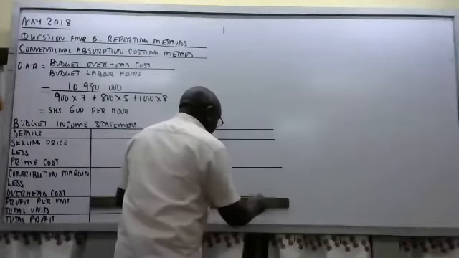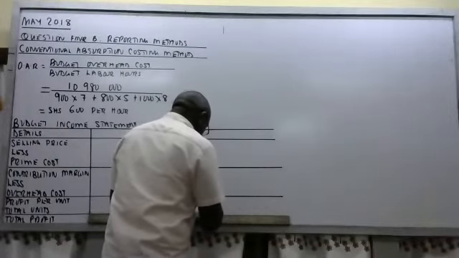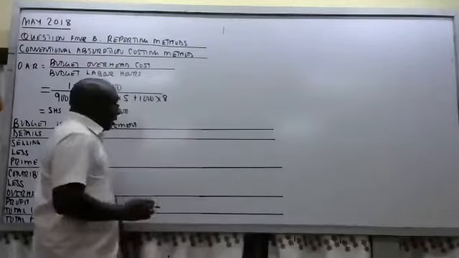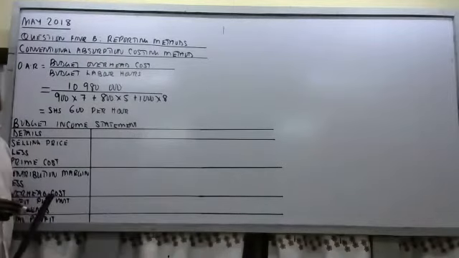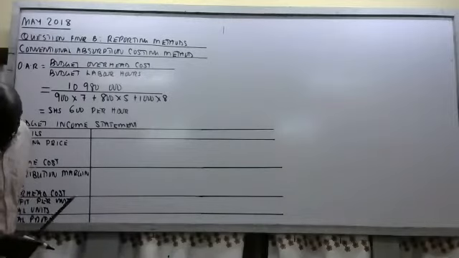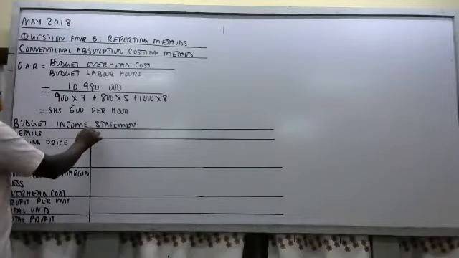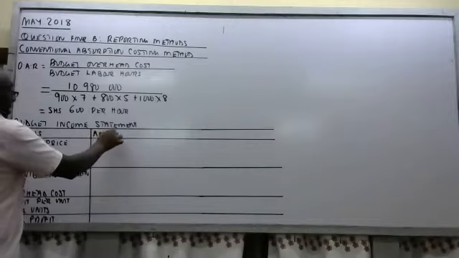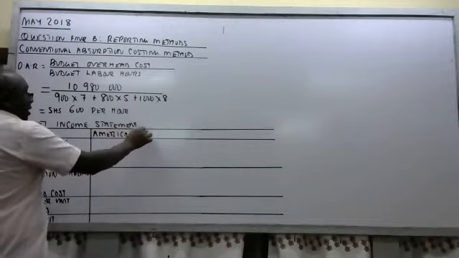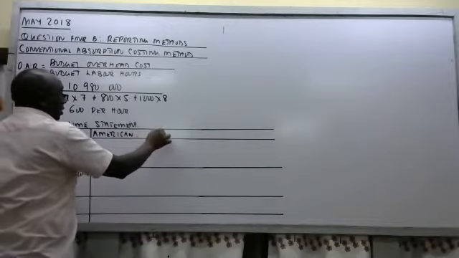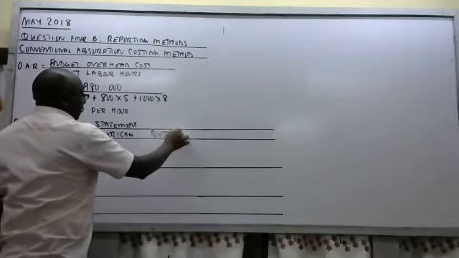So we draw a table of that design. There are three products. The first one is called American. The next one is called Butterfly.